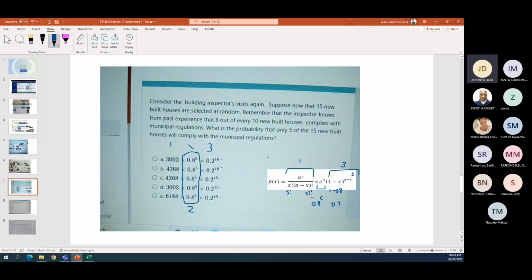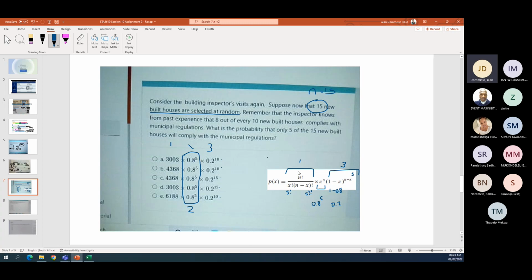Okay, so let's go to the question because I don't know what n is. Consider the building inspector's visit again. It was coming from a previous question. Suppose now that 15 newly built houses are selected randomly. So n is 15.